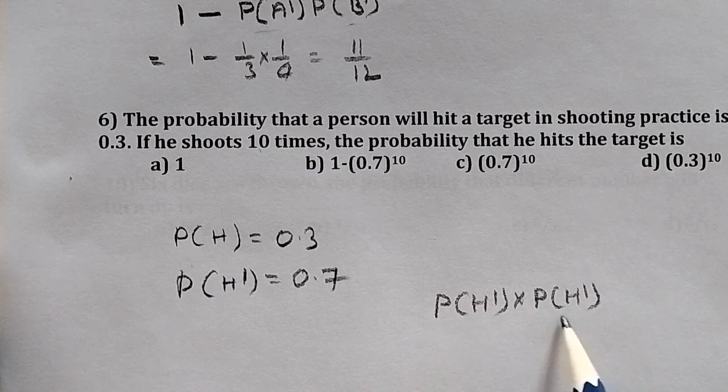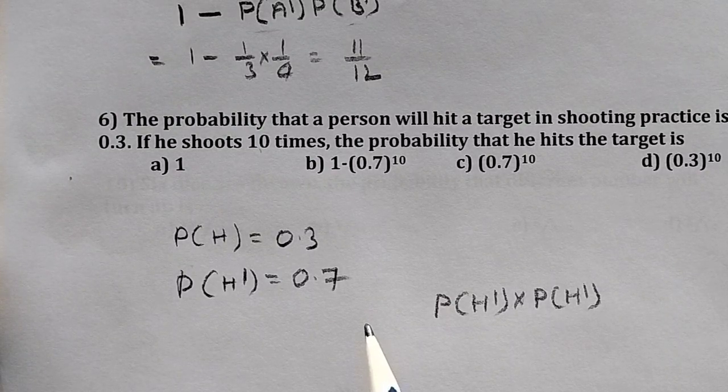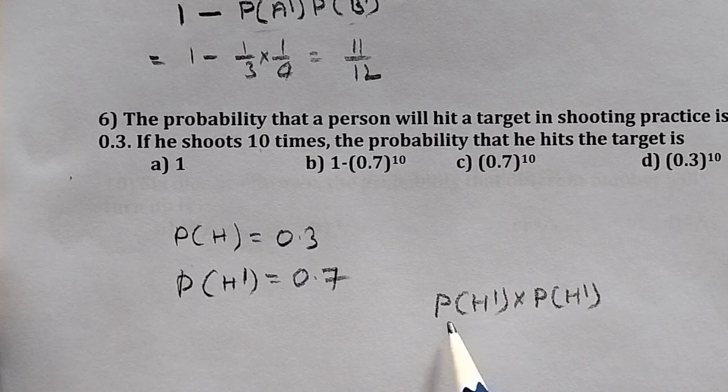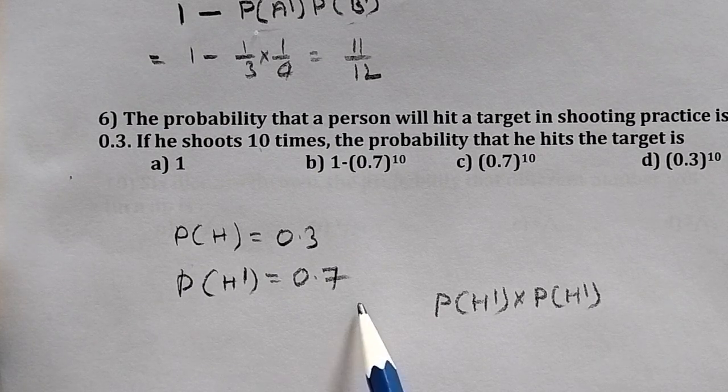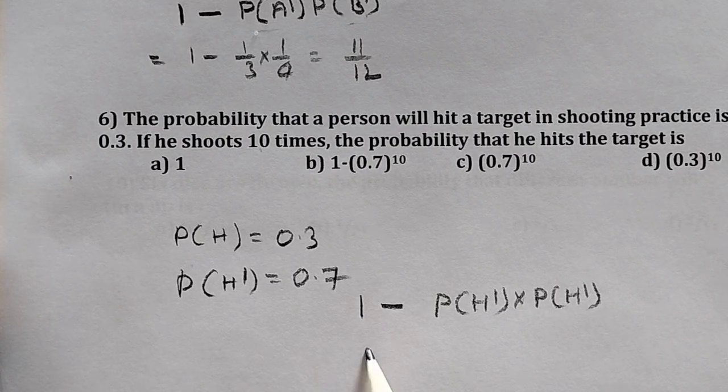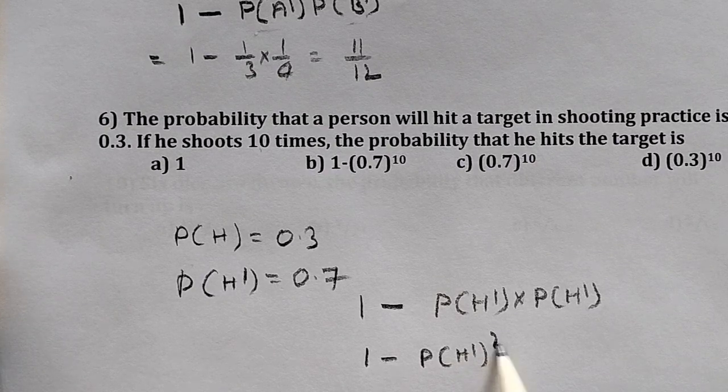So while trying 2 times, none of those 2 times hits the target. That means P(H dash) whole square. So at least one time hitting the target means simply total probability minus none of those 2 times. So that result is 1 minus P of H dash whole square.